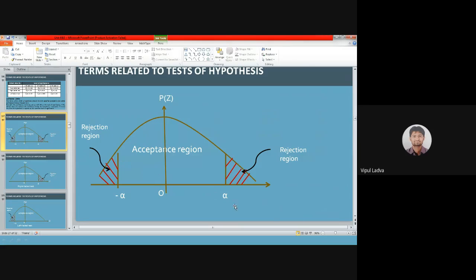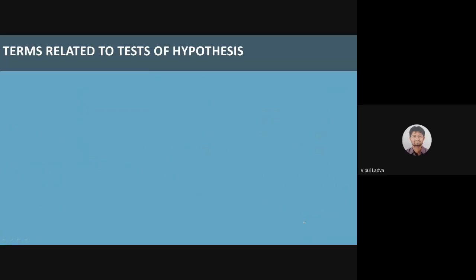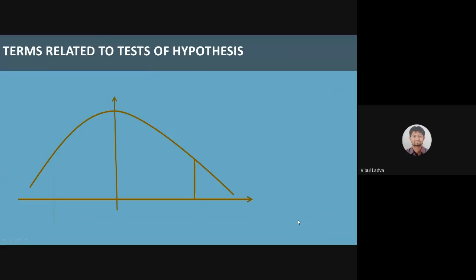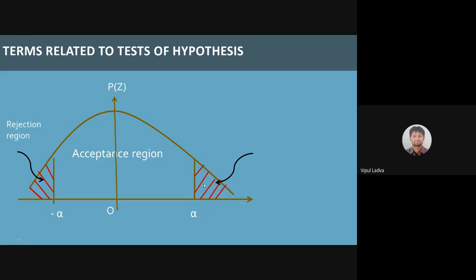Yes, observe this. Give me 1 minute. Suppose this is my normal table, and both these are my critical values. If that z score lies over here, जिसको मैंने highlight किया, then surely I'm going to reject my null hypothesis. This is the acceptance area, and both these will be my rejection areas.